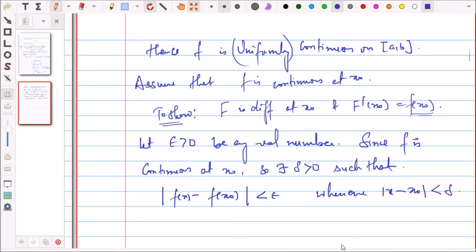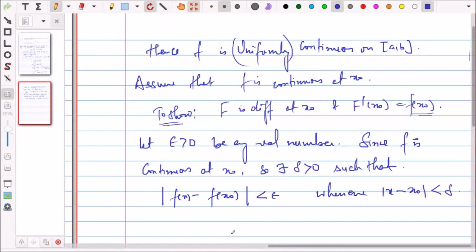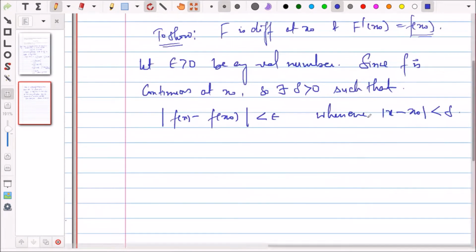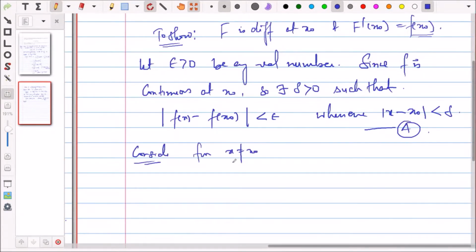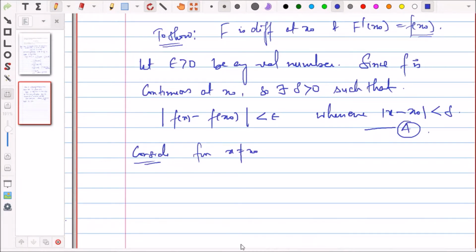Is it fine? Now consider for x not equal to x naught, ठीक है, and |x minus x naught| less than delta.